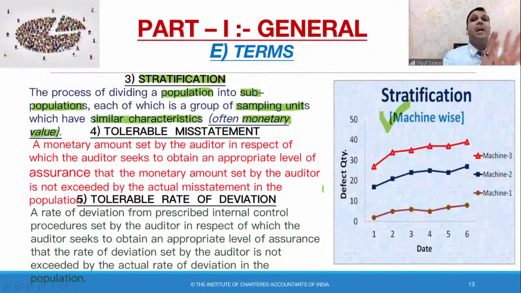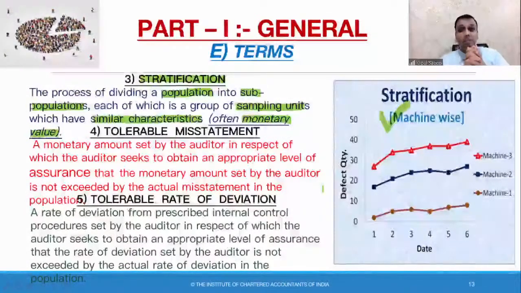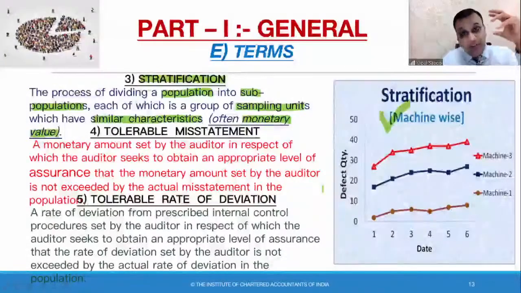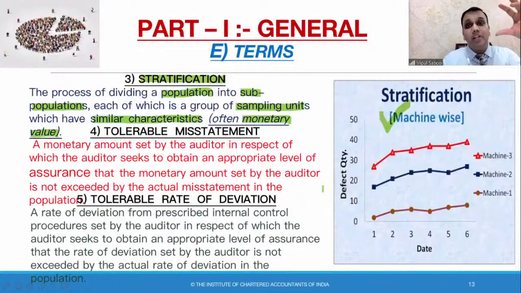So each category's sampling units would be the same. If I take up the machine group which works with the power, then they have a common trait. All the units in that particular group would be working with the aid of power. That is their common characteristic.